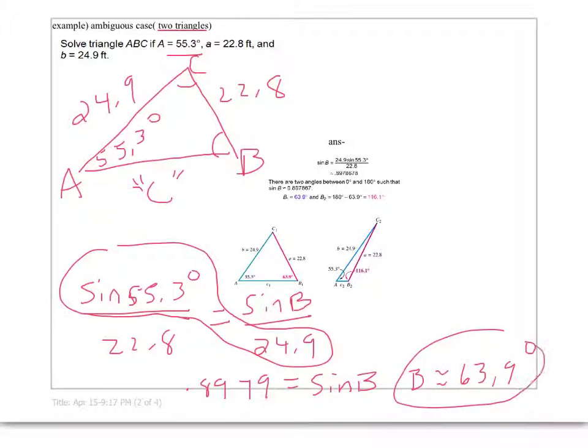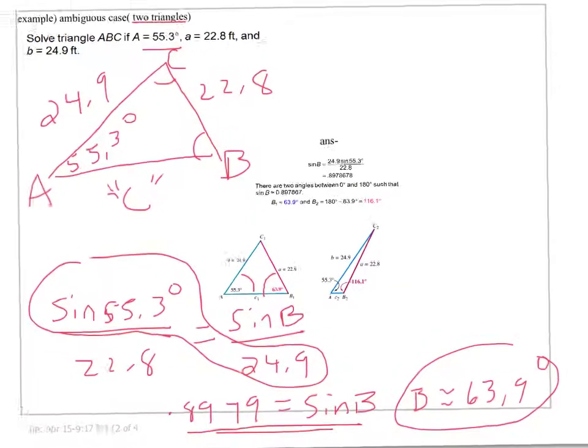But here's the thing. At that moment, you say to yourself, okay, fine, B is 63.9 degrees, but is it possible for it to be something else? And here's a nice way of thinking about that.